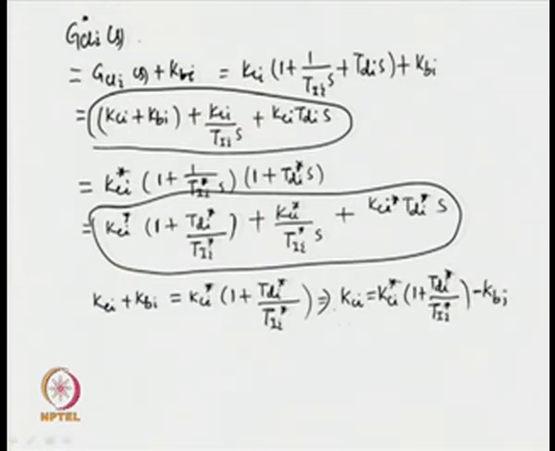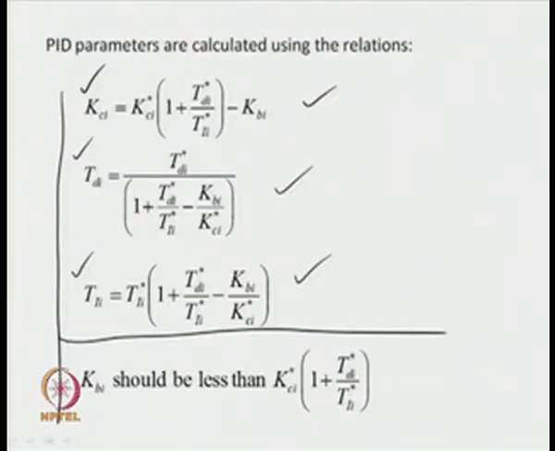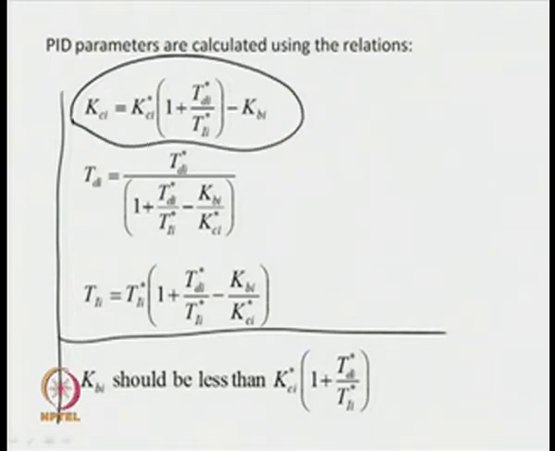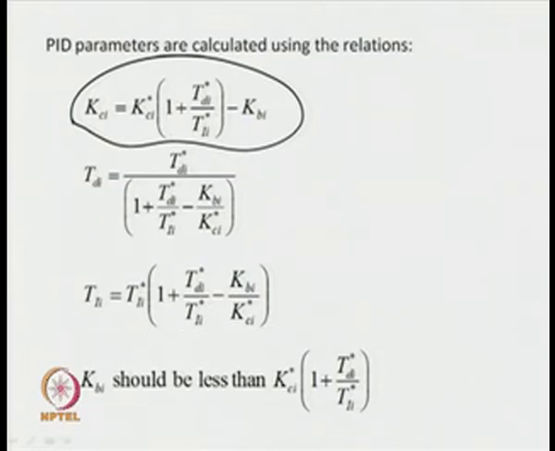So, this is what exactly we have obtained earlier. The first relation gives us the expression which is KCI is equal to KCI star times 1 plus TDI star upon TII star minus KBI.